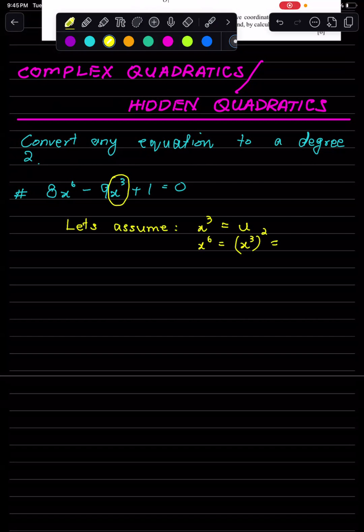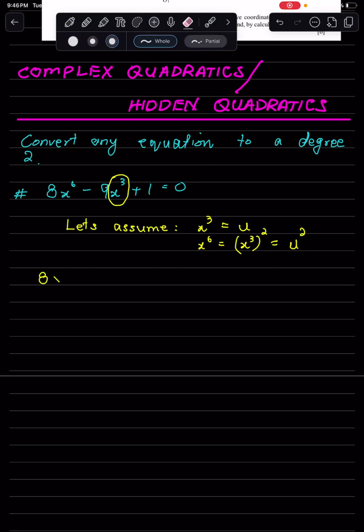And since x cubed is equal to u, we get u squared. If I use the values back in the equation, in the place of x to the 6, I can write u squared minus 9 times x cubed, which is now u, plus 1 is equal to 0. If I highlight the relevant values, this is this, and this is this. Does it make sense?